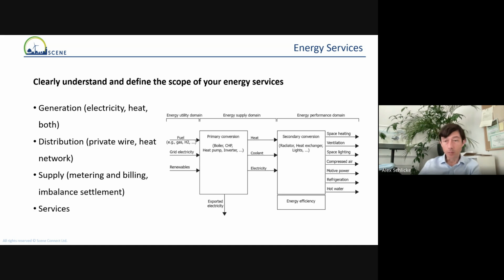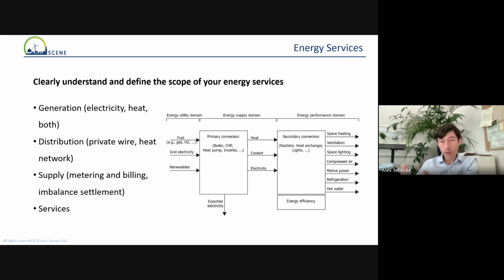You've got the supply side of that, the metering and billing, and then the balance, the imbalance settlement. That's the difference between the demand that's met and the generation that's provided.